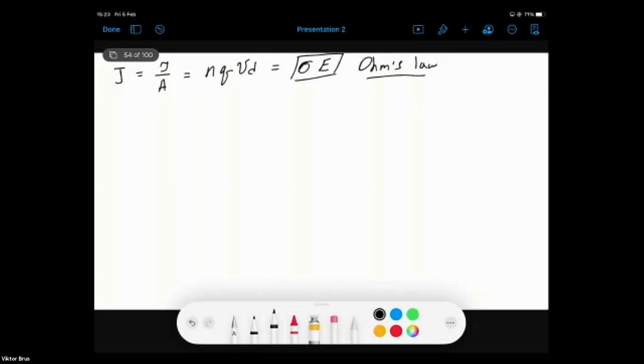The statement of Ohm's law is that the ratio between the electric current density and the electric field in the conductor is always constant and equal to sigma, which is called conductivity.